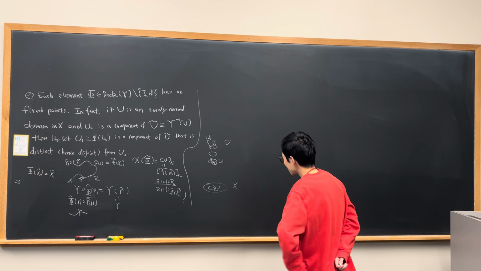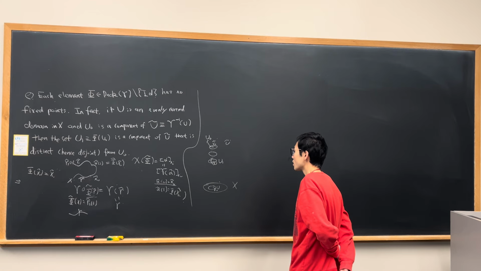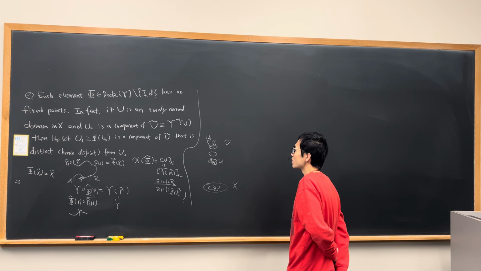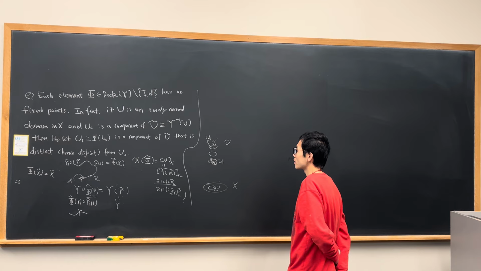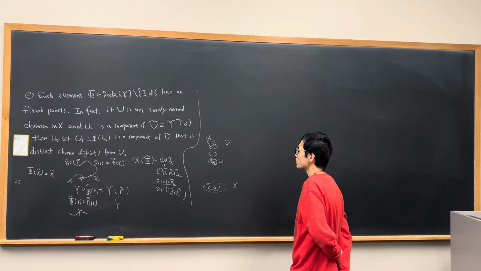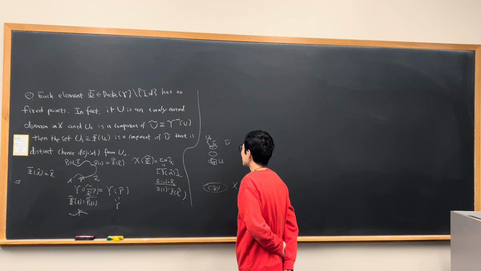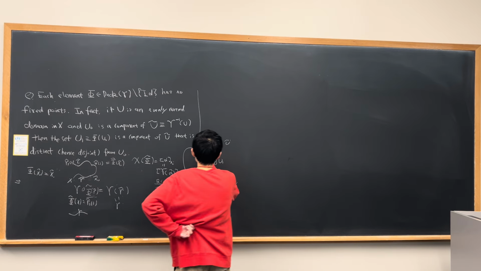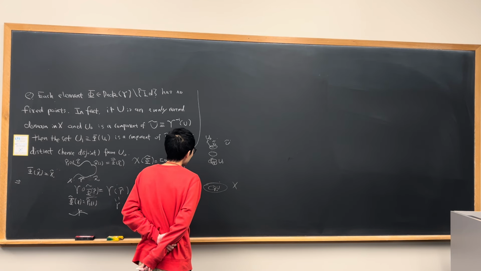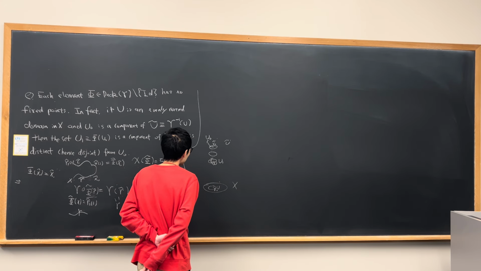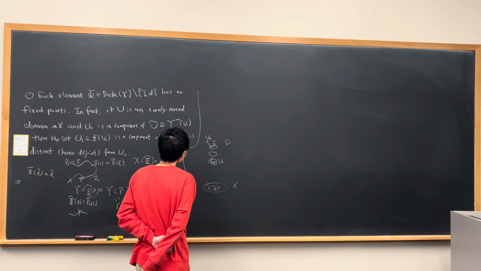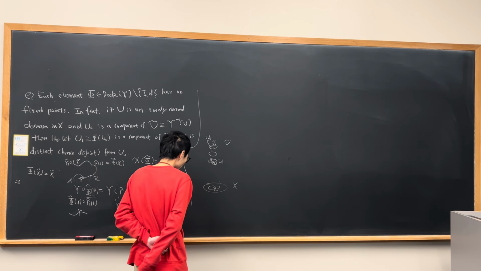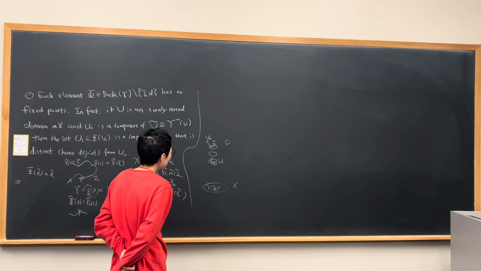It's an evenly covered domain in X. If you take any path from here to here, it may not intersect U0.